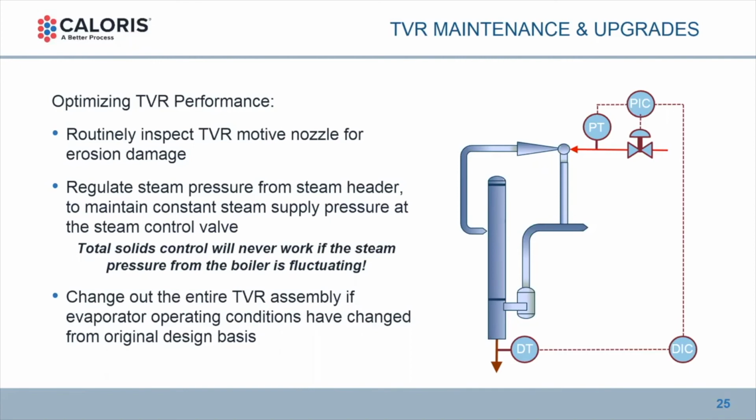But it's not a very broad range. For example, if you have an evaporator and you've changed the product application for it over the years, it may be time to actually replace the entire TVR to get back to an operating condition that is truly energy efficient.